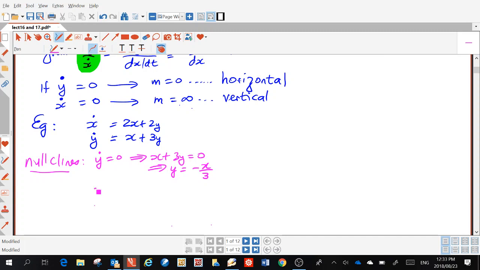The other NULLCLINE is x dot equal to 0. This one here is 2x plus 2y is 0, whence you get y equals minus x. So we've got these two new objects called the NULLCLINES.